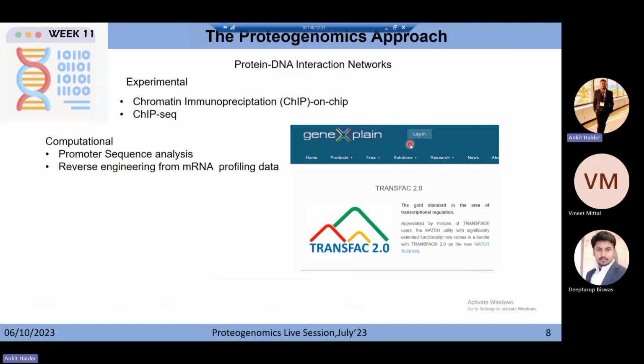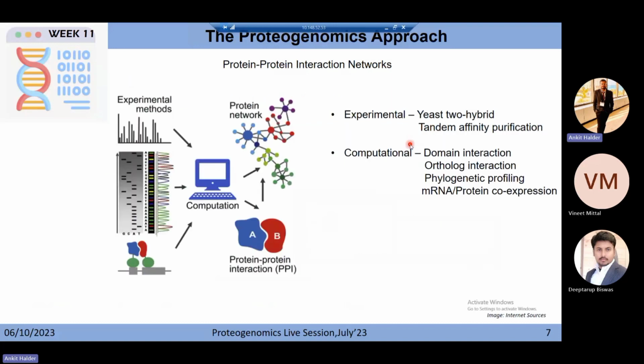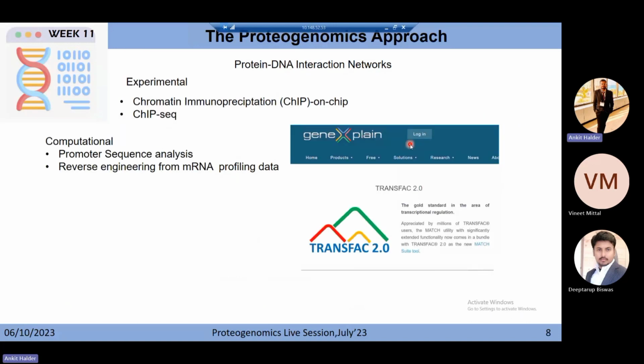But apart from experimental, again, there are computational approaches to understand how this protein-DNA interaction is occurring. For protein-protein interactions, what was there? The domain interaction, ortholog interaction, phylogenetic profiling, or mRNA protein co-expression. Here in the computational part, we have promoter sequence analysis. Why promoter sequence?